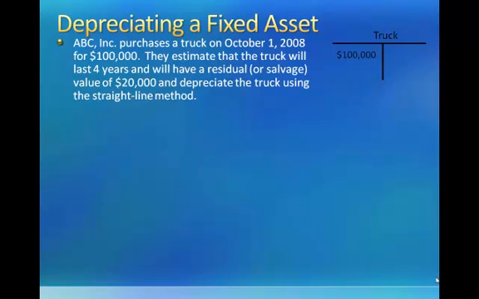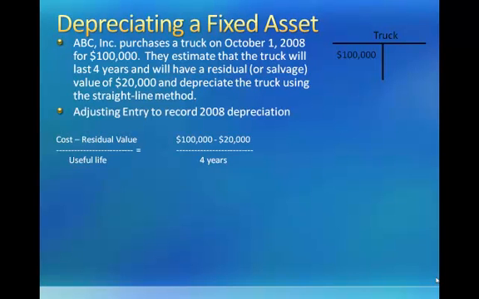Now there's a calculation to get straight line depreciation, which is essentially what this company is going to have to record. And the way you calculate straight line depreciation is by taking the cost and subtracting off the residual value and dividing it by the useful life. In this case, the truck cost $100,000. It has a residual or salvage value of $20,000, and the estimated life is 4 years, which means that the annual depreciation for this truck would be $20,000 a year.